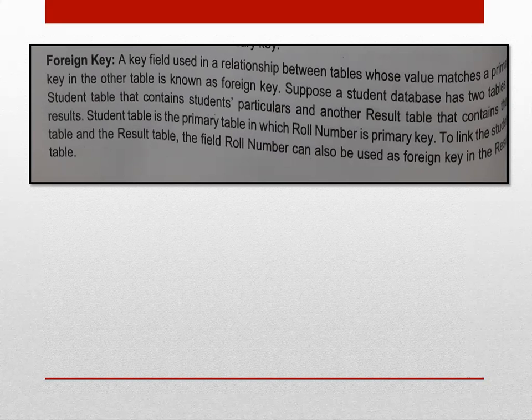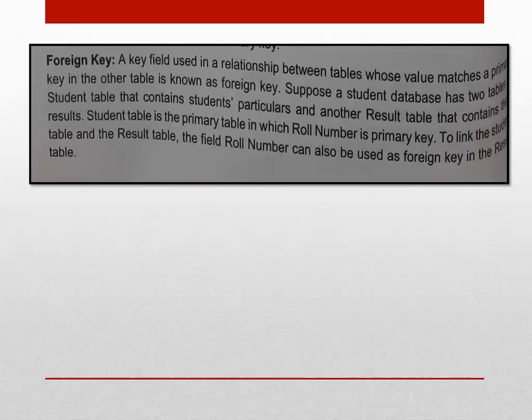The student table is the primary table in which roll number is the primary key. To link the student table and the result table, the field roll number can also be used as a foreign key in the result table.